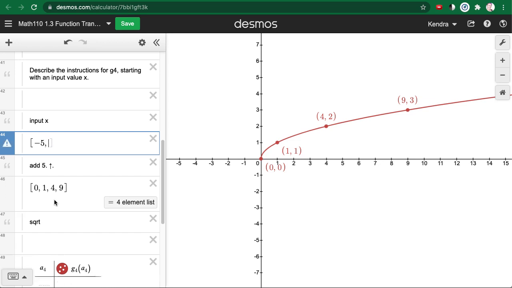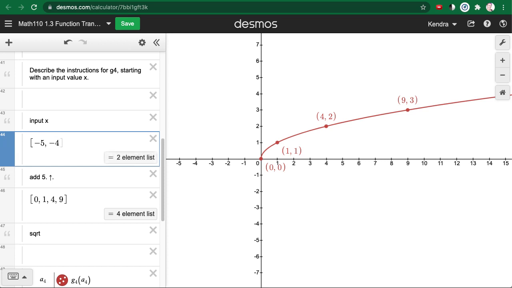And if I want to end up with a 1 after adding 5, then I need to subtract 5 and input a -4 into my x value. I hope you're seeing this.